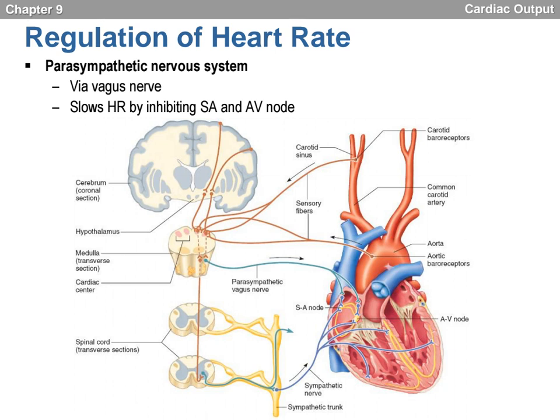And so what you'll notice in this diagram is that we have parasympathetic output that leaves the medulla, which is the lower brainstem. This is shown in transverse section. So this output is in axons, which are within the vagus nerve.